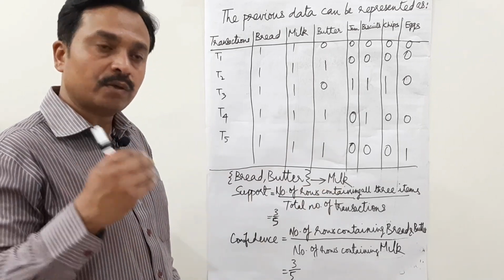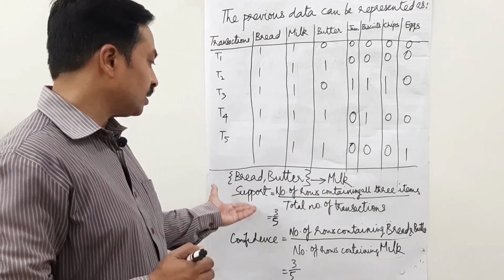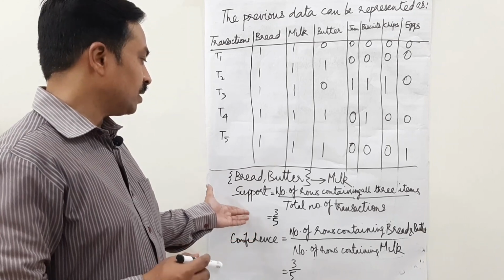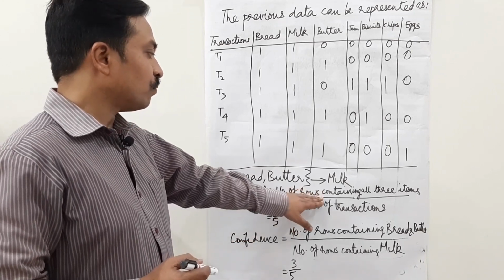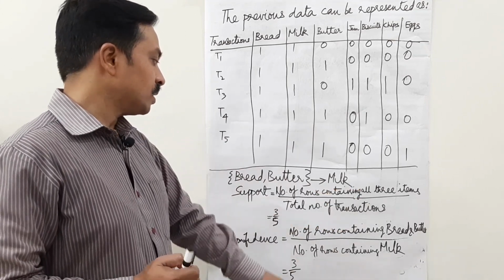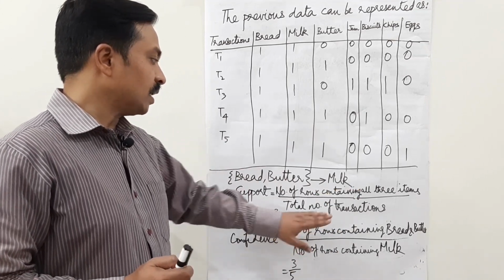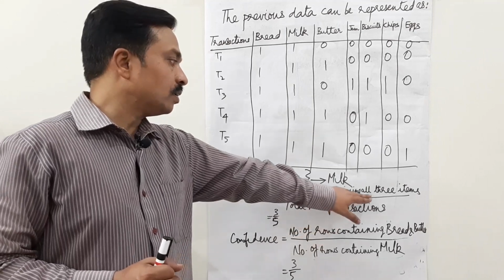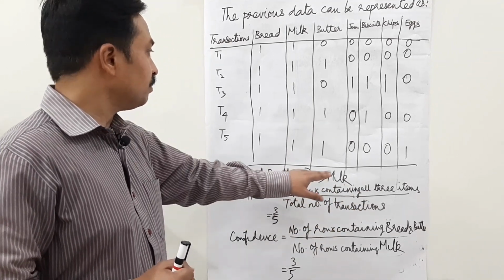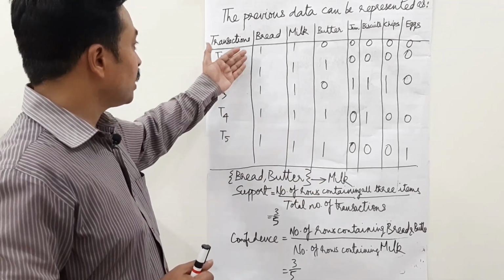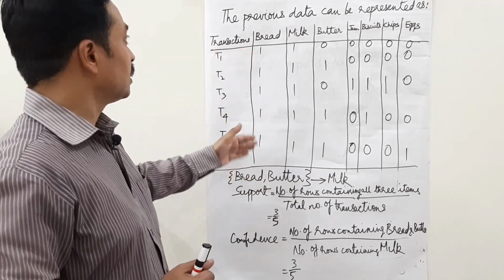Now, let us calculate support in this example. Support is equal to the number of rows containing all three items upon the total number of transactions. What do we mean by all three items? All three items in this example are bread, butter and milk. Now let us see how many transactions contain these.